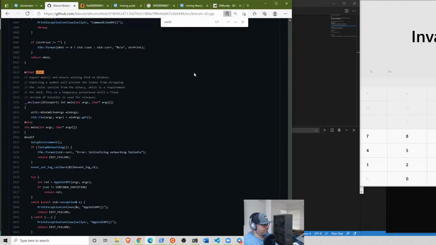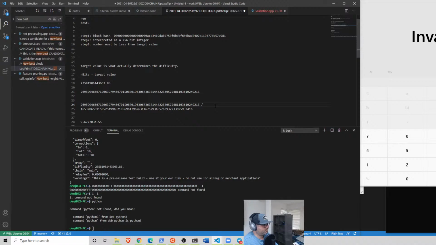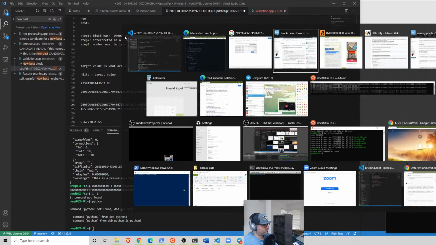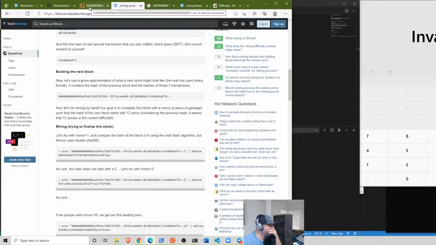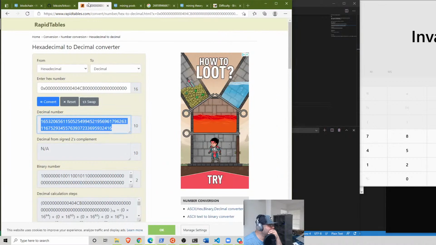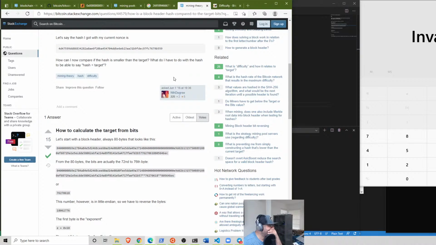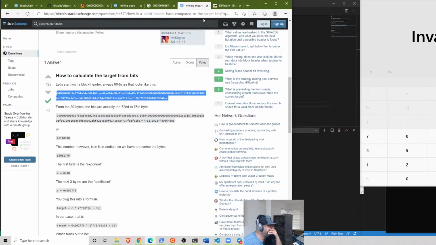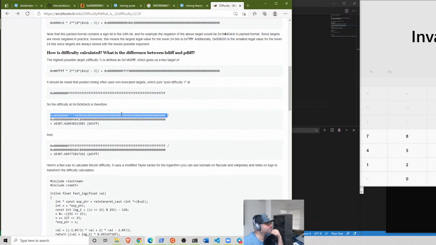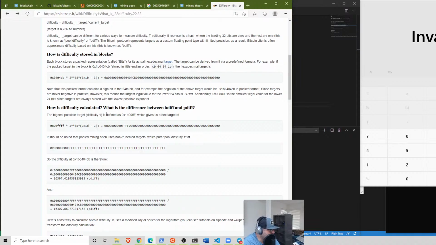It's still too big. Highest possible difficulty 1 is defined as, what is that? Why is that 1? One D.